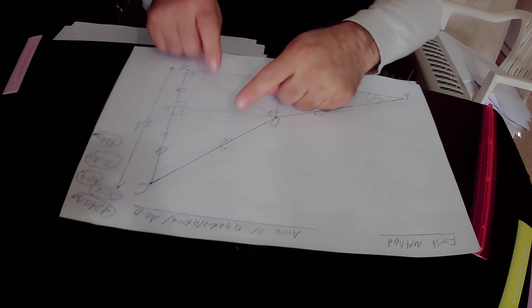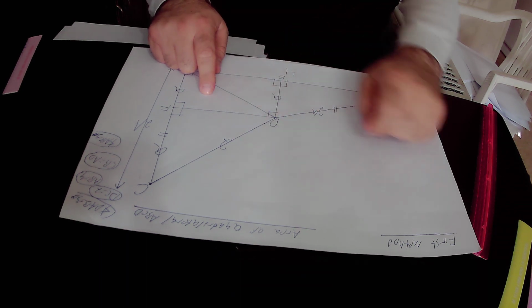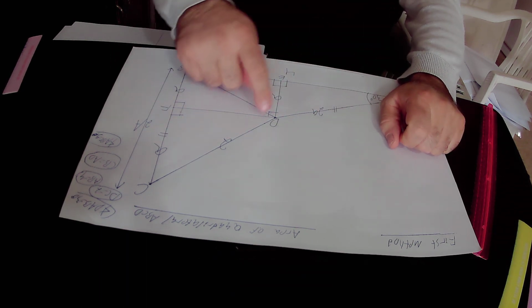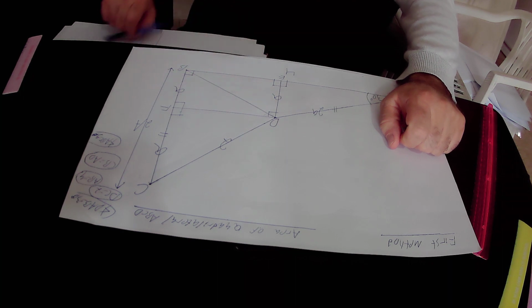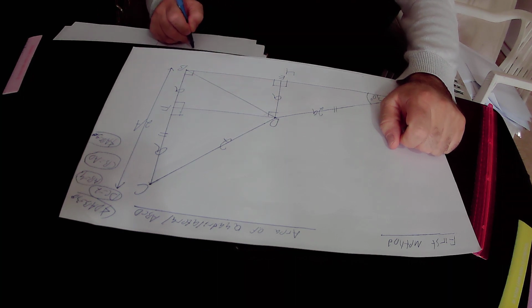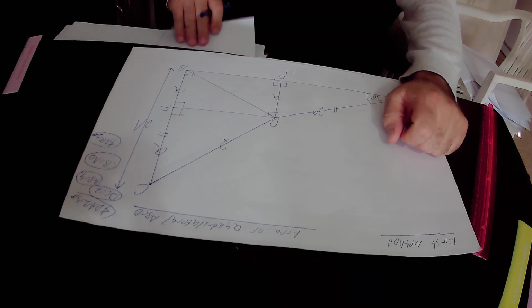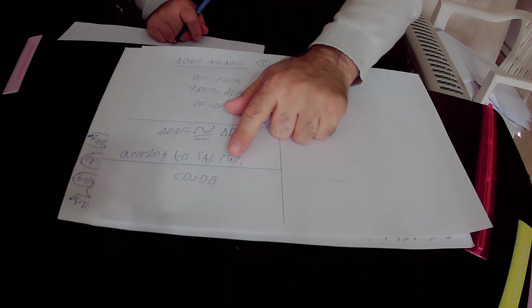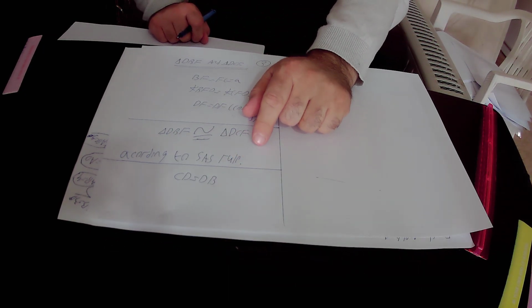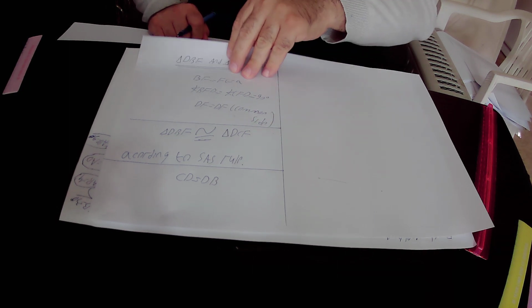And from the fact that those two triangles are congruent, we conclude that CD equals DB, according to the rule that corresponding sides in congruent triangles are equal to each other.